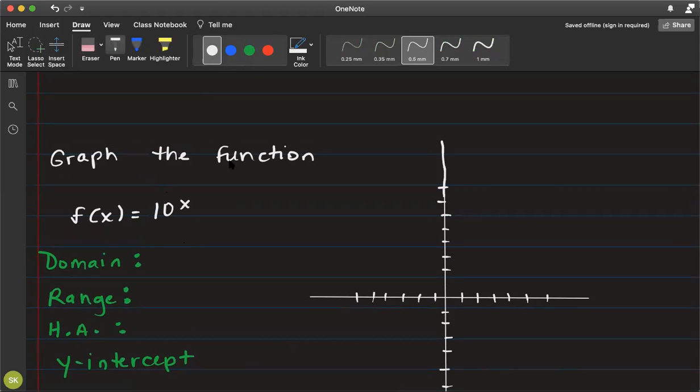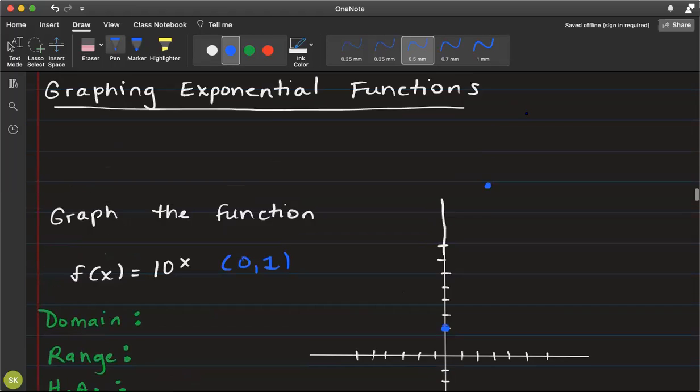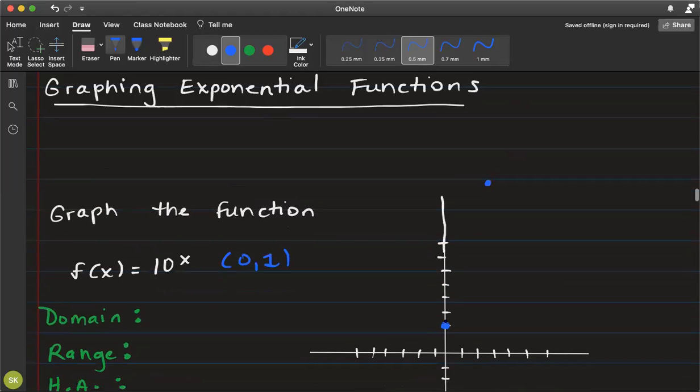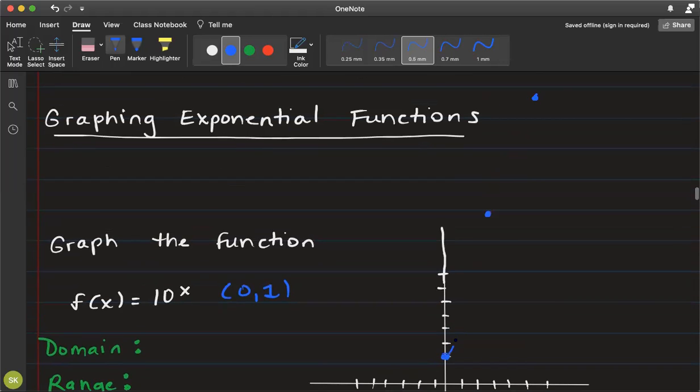If we were to plot some points, we would do the same thing, right? So we would say, first off, if we plug in 0, what do we get? We get 1, because 10 to the 0 is 1, so we'll get a point right here. So we go through the point (0, 1). Now if I plug in x is equal to 1, I'll get 10, which is way up here somewhere. And then if I plug in 2, I'll get 10 squared, which is 100, which is even further up here. It's way up there.